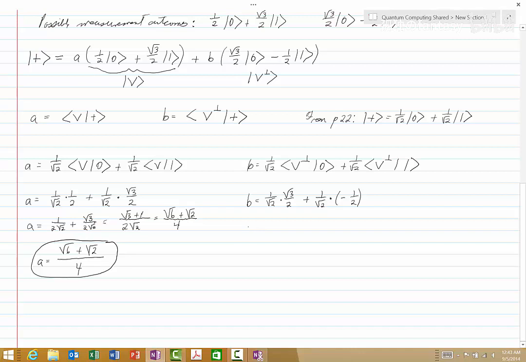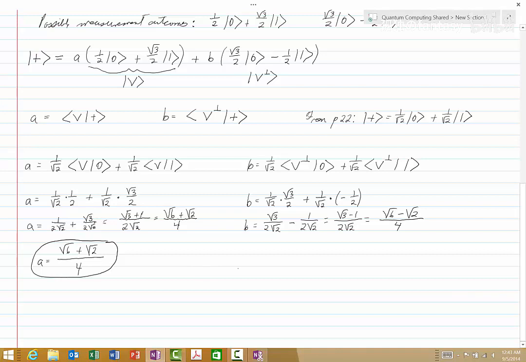And for B, we will get square root of 3 over 2 times the square root of 2 minus 1 over 2 times the square root of 2, which is square root of 3 minus 1 over 2 times square root of 2, and then again multiply top and bottom by square root of 2, we will get the square root of 6 minus square root of 2 over 4.